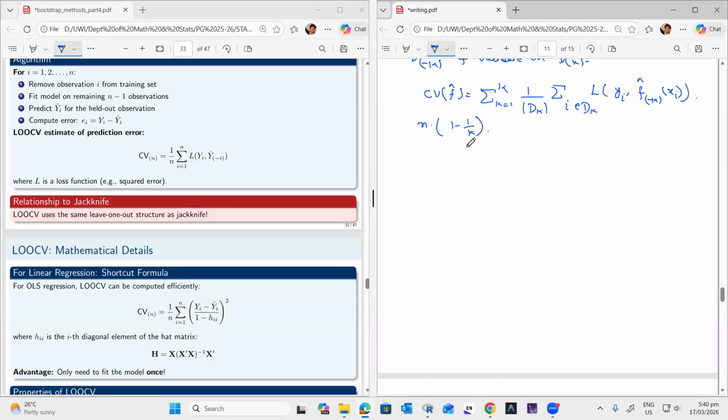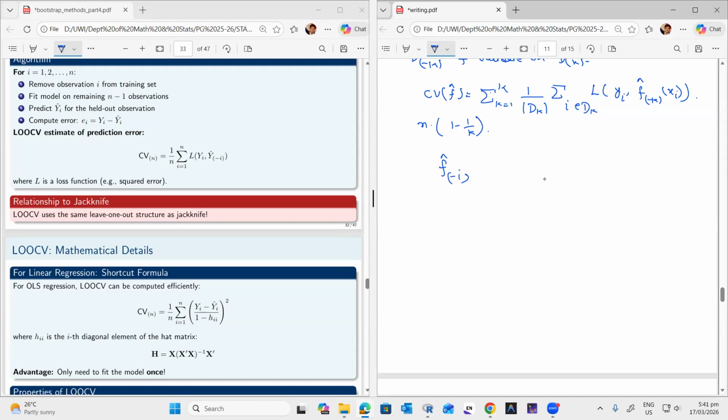So the model fitted at this step is denoted by f cap minus i. This is our model that we discussed earlier. And in the next step, predict the y cap i for the held out observation. So using the model f cap minus i, we predict the response for the held out observation xi, the feature vector of observation i.